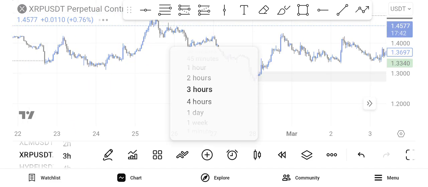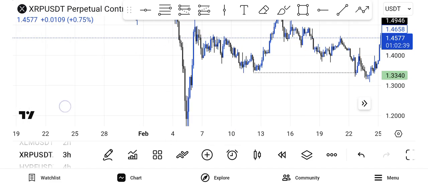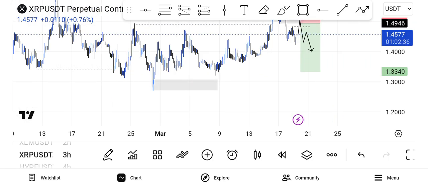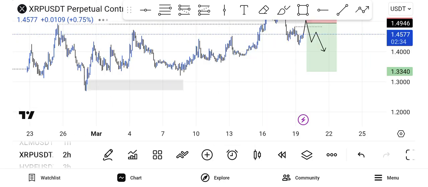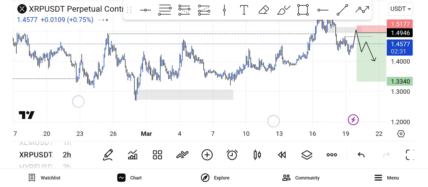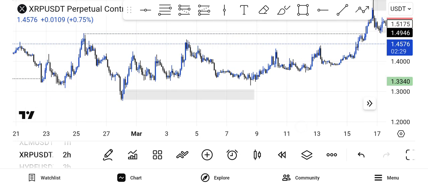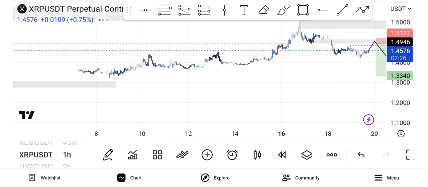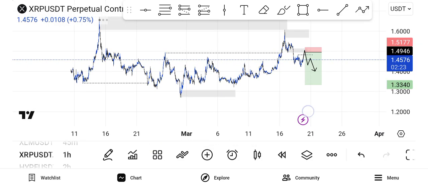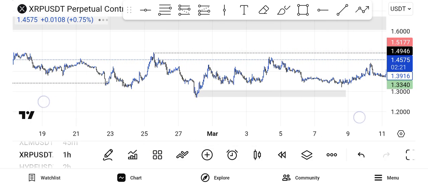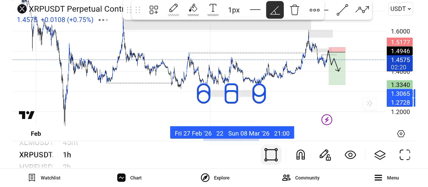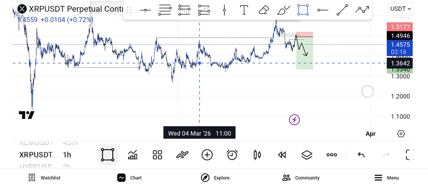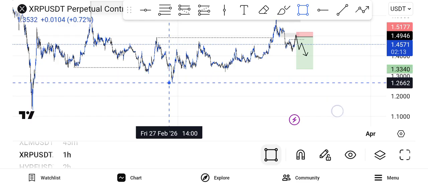Let me see, maybe I'll see it clearly on the higher time frame here. Okay, I think it's more clear on the 2 hours. So I already see that we have another block here where price might likely react from. I'll just mark it out.